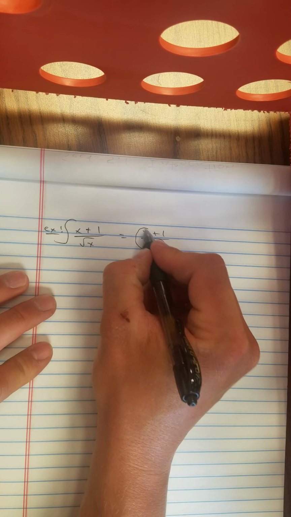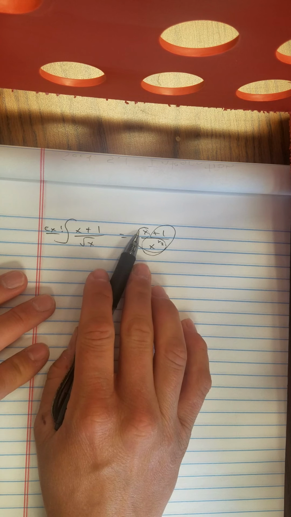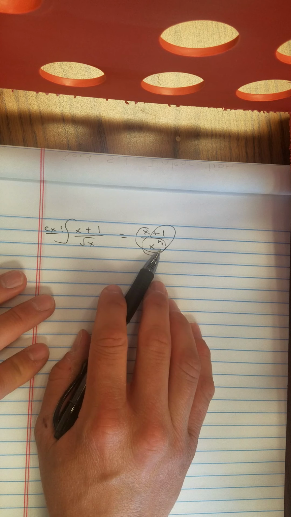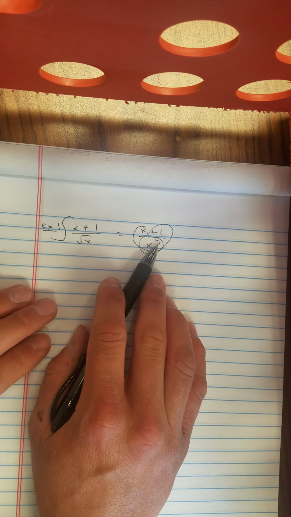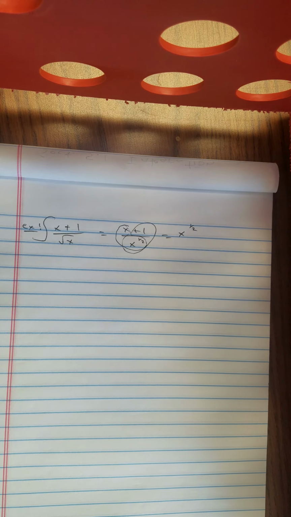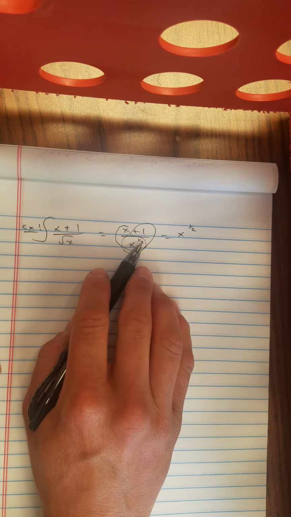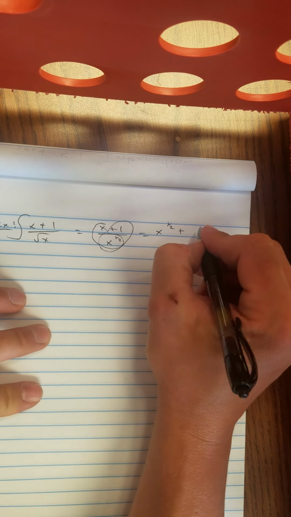Now I'm going to break this up. This is a complex fraction, so I can break it up like this. X over x to the 1/2, subtract exponents. This is x to the first over x to the 1/2, which gives me just an x to the 1/2. When we think about canceling out, this is 1 minus a half, which is a half. Now, this other one doesn't break up into anything.